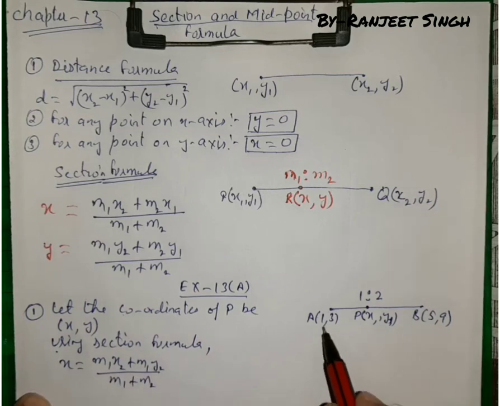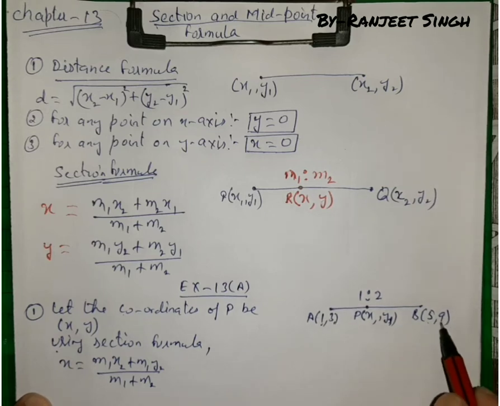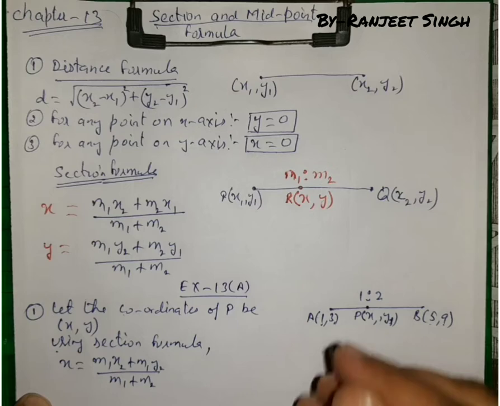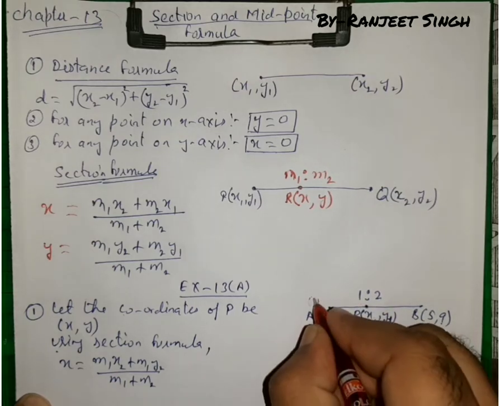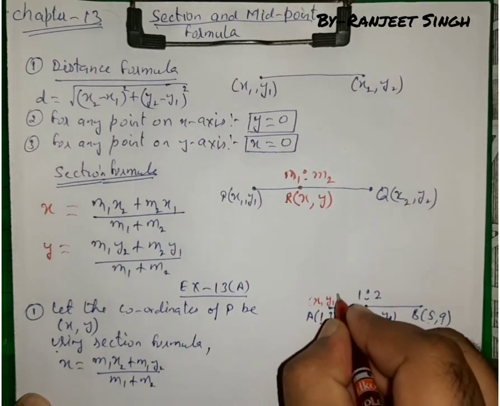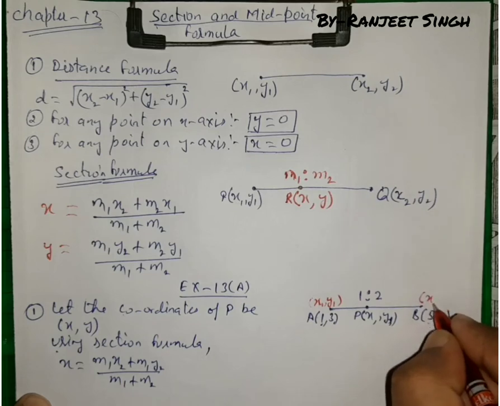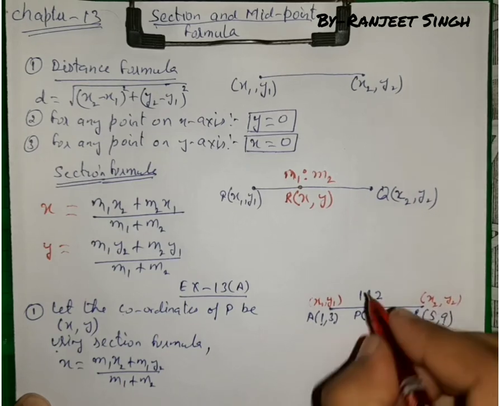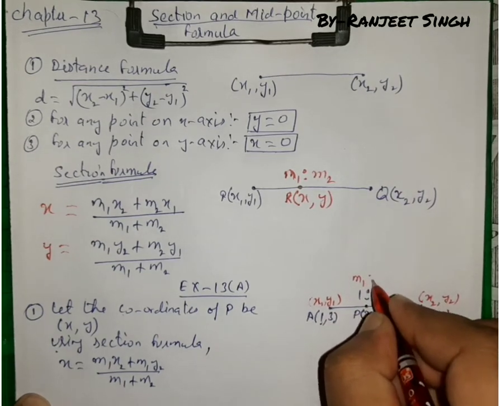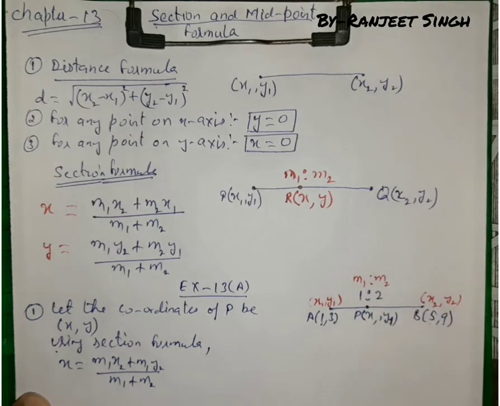Here x1, y1 is 1, 3, x2, y2 is 5, 9, and this is m1 is to m2. So on comparing all these things, we get x1 equal to 1, x2 equal to 5, y1 equal to 3, y2 equal to 9, and m1 equal to 1 and m2 equal to 2.